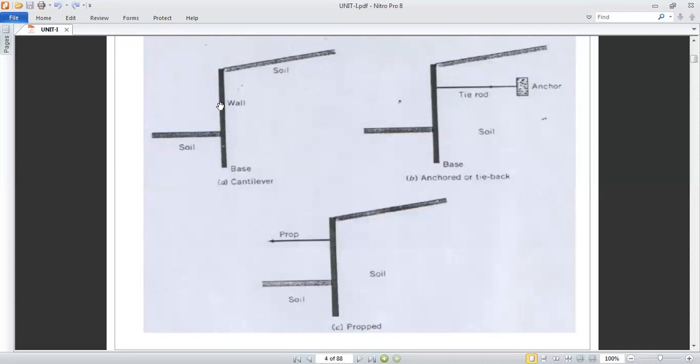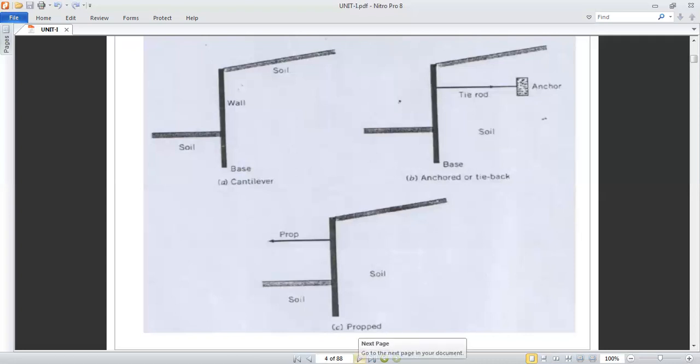Okay, so this is nothing but your cantilever, and this cantilever is anchored if some external support is provided to balance the slender member, we call it as anchored or tie back member. Otherwise, the third type we have is propped member. So propped is done on the passive earth pressure. So we'll see what is passive earth pressure and active earth pressure when we move further on the lecture classes.